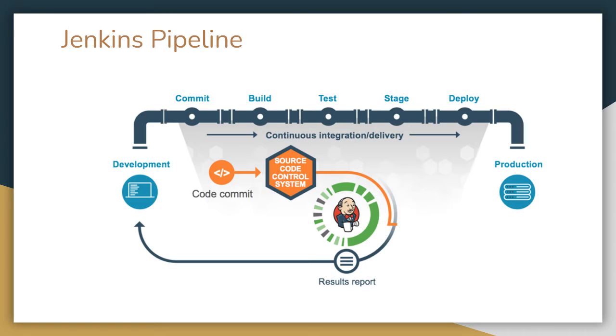In a build stage, the application or software would be built and compiled, and then tested in the next stage. Then, if all went well in the previous stages, the app would be deployed or staged. And that's how Jenkins works. It works through the use of plugins.